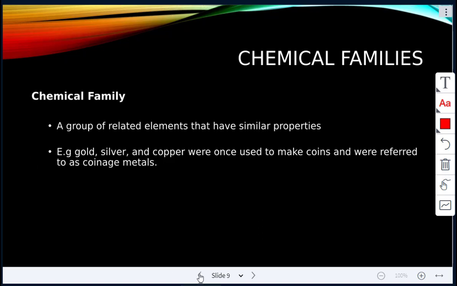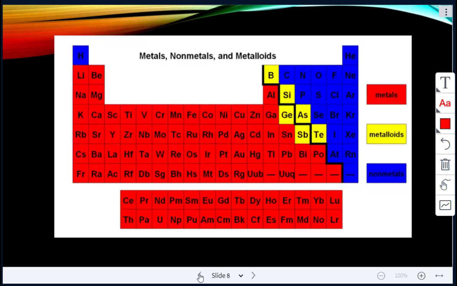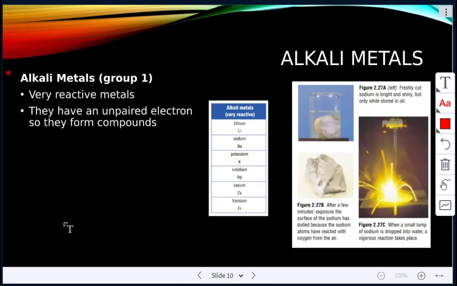But now, if we take a look at our periodic table, we'll notice Cu, that's copper, Ag and Au here, representing silver and gold. The first chemical family we're going to look at, or the chemical group, are the alkali metals.